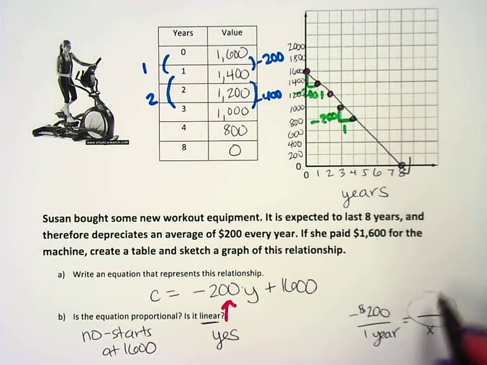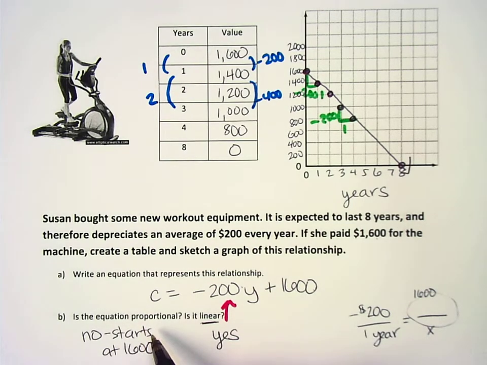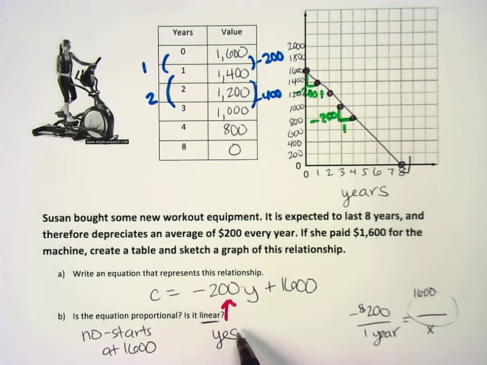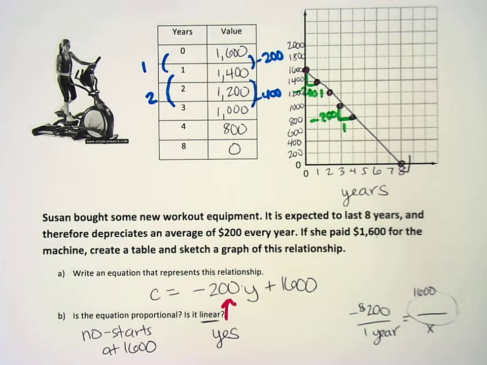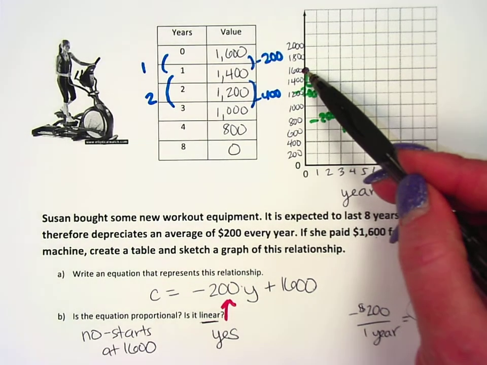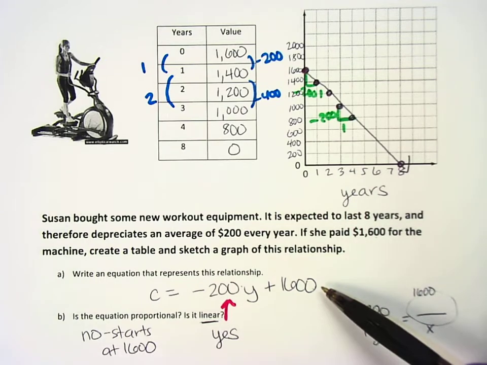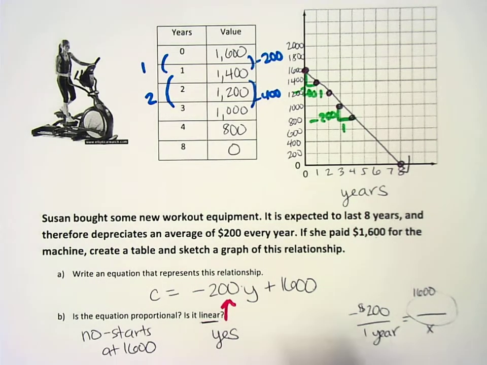There's no way for me to include in here the 1,600. Okay, so that's why we're going to say no, it's not proportional, but it is still linear. I have a constant rate where she's losing $200 for every year. Okay, even though it starts as something different, we can show that in an equation by adding. We just unfortunately cannot show it in a proportion like this.